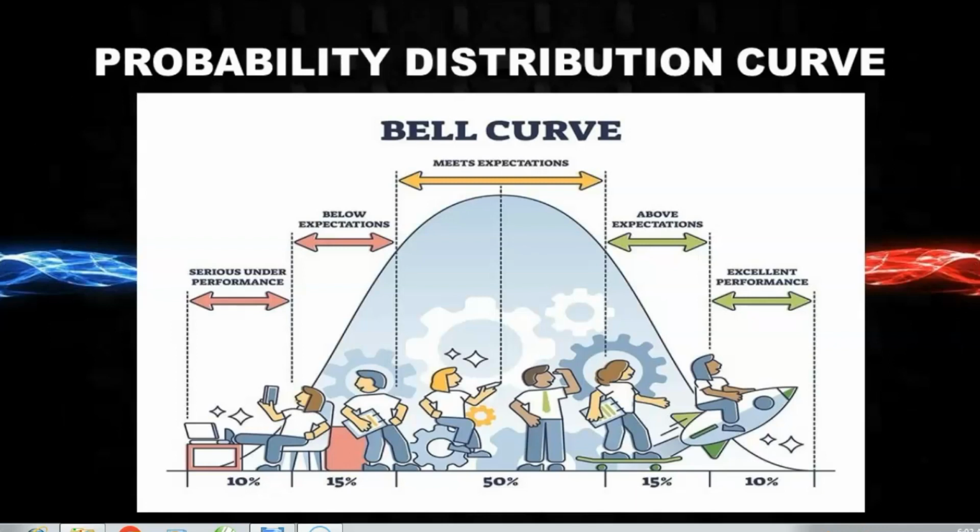So this bell curve is divided into two major parts, the left and the right. From what you are seeing in this diagram, you will discover that the meet expectations point is the mean value; this place that you are seeing is the mean. Anything that falls on this left-hand side is negative, and anyone that falls to this side is positive.